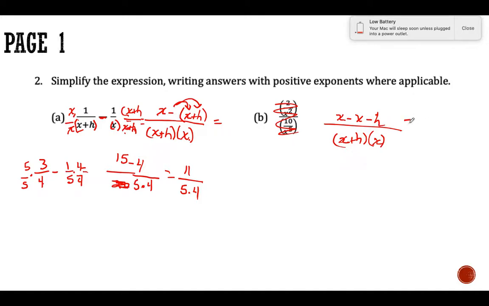And what happens there? x minus x is actually 0, so you get negative h over x plus h times x. Again, I can't tell you how many times you are going to have to deal with expressions like this in limits, in our limit unit, and then definitely in our definition of derivative unit.